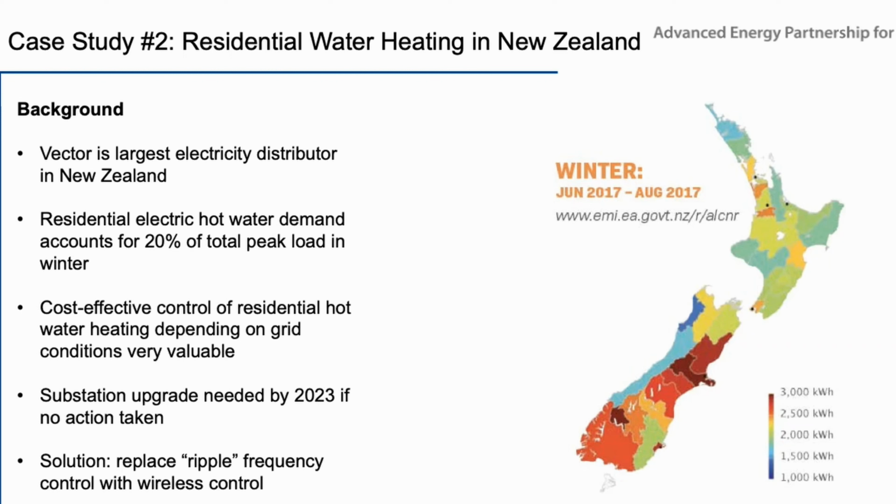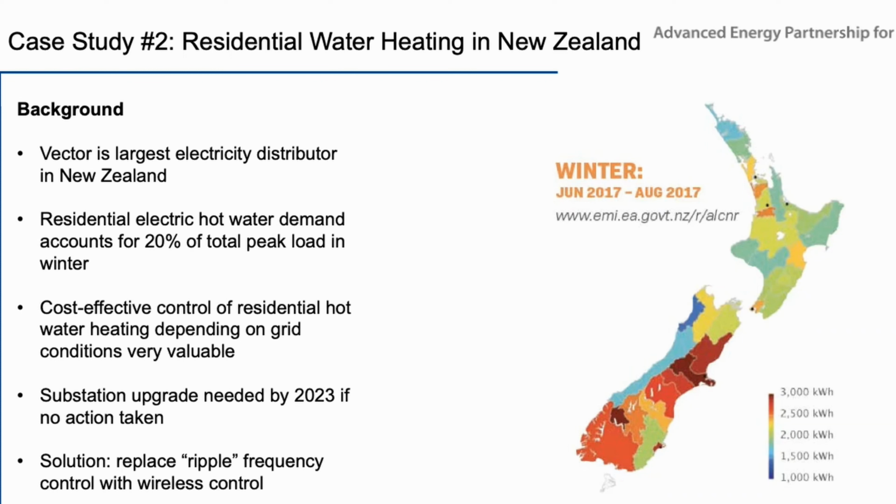The solution they came up with was to replace the old-fashioned ripple frequency control, which turned hot water heaters on and off, with a wireless platform. In the old ripple frequency control, the utility sends a very low frequency pulse into the grid, and all the water heaters that receive that pulse will respond by either turning the system on or off.